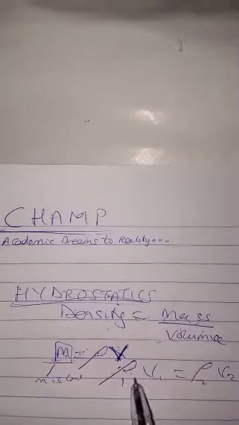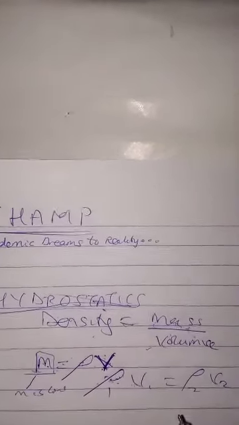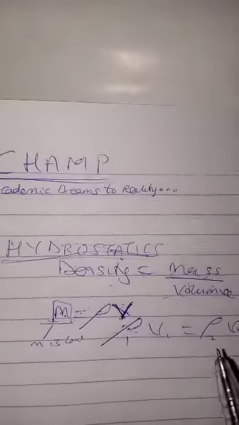So you can be given the density and volume of two different substances and be asked to find something. We'll take questions like that. Sometimes they can ask you to find the density of a mixture. How do you find the density of a mixture? First of all, get the total mass over the total volume.